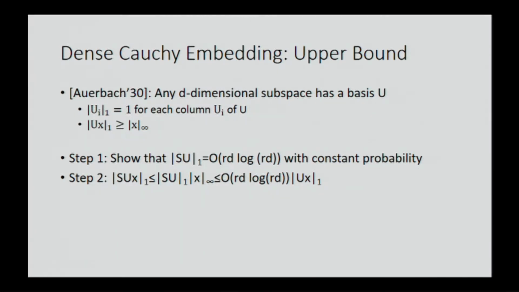The row dot product is upper bounded by the one norm of the row times the max entry in x. And so I'm just doing that for all the rows. But what do we know about the entry-wise one norm of SU? Well, we just bounded it in step 1. So I can replace the one norm of SU with order RD log RD.